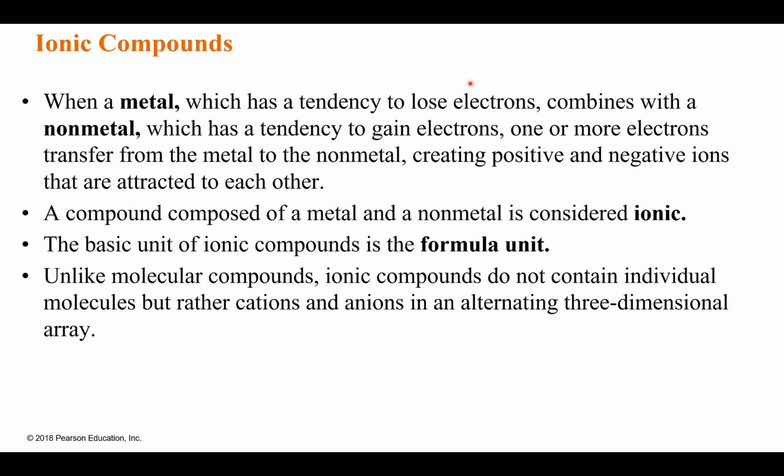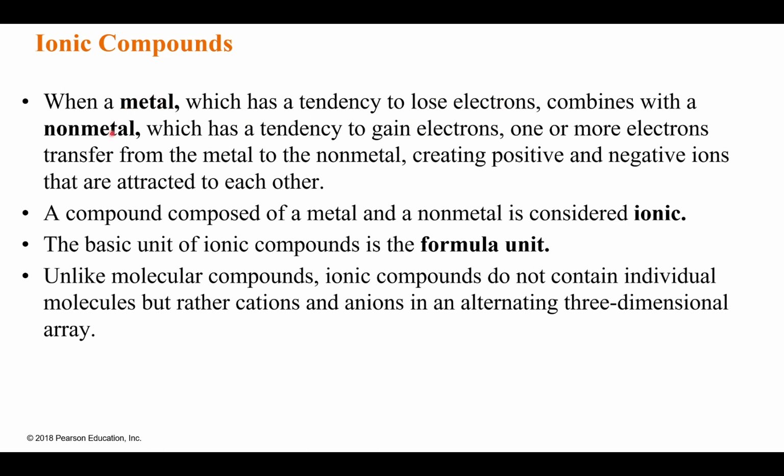And these electrons get accepted and gained by nonmetals, which have the tendency to gain. So you end up with a species that is willing to give up electrons and a species that wants to accept those electrons. They come together and a transfer of electrons occurs between metal and nonmetal.